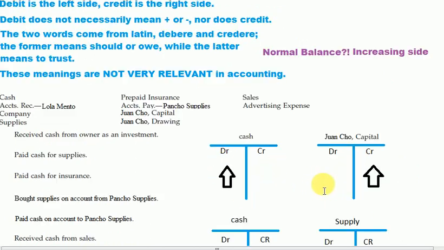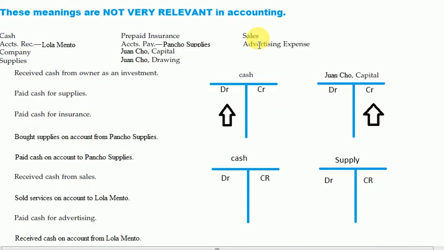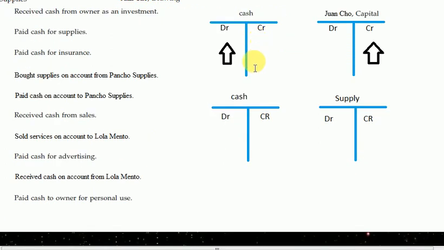Cash and supply, right? Where does cash belong? Cash is in the category of asset. What about supply? Supply is also an asset. Both of them are assets. Now we are going to identify that when an asset increases, it is debited.